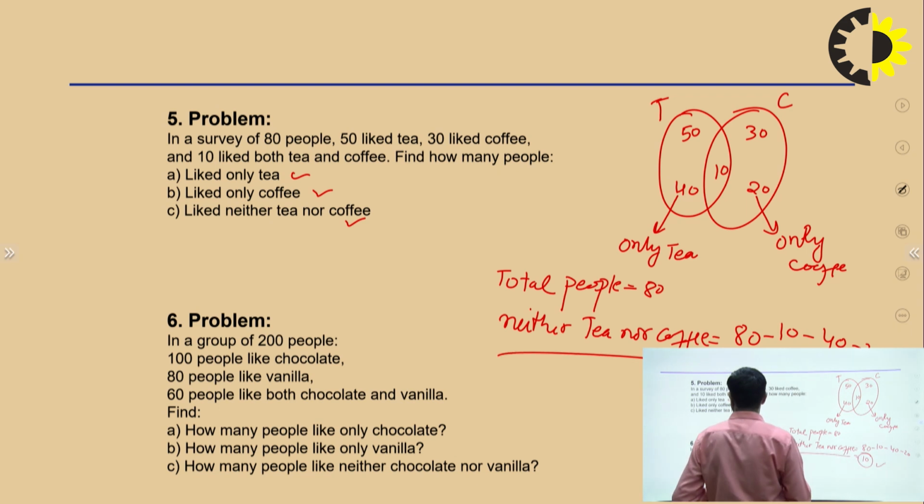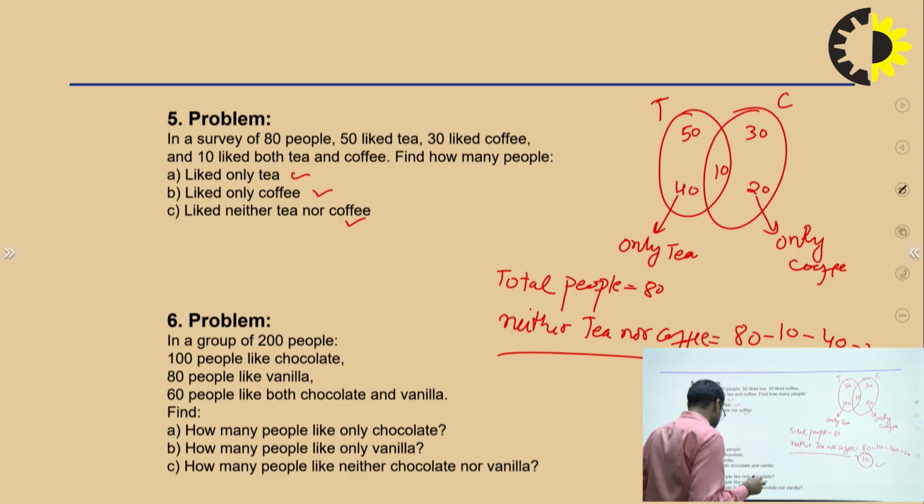So the number of persons that like only tea is 40, the persons that like only coffee are 20, and the persons that like neither tea nor coffee are 10.